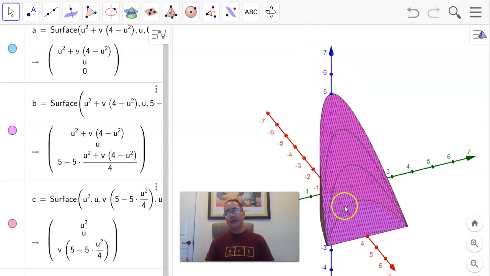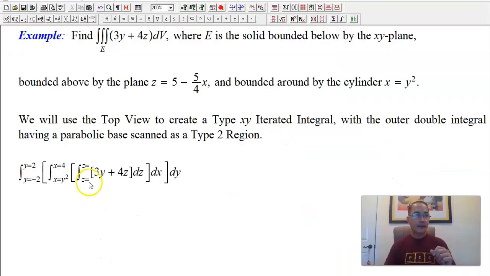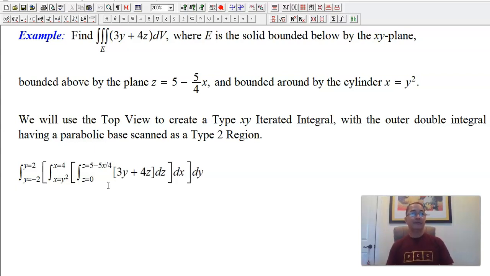They are all entering from the xy plane, which is z equals 0. They're all exiting at this plane, and we know who that is: z equals 5 minus 5x over 4. Excellent. So the lower limit is z equals 0, and the upper limit is 5 minus 5x over 4, the plane.